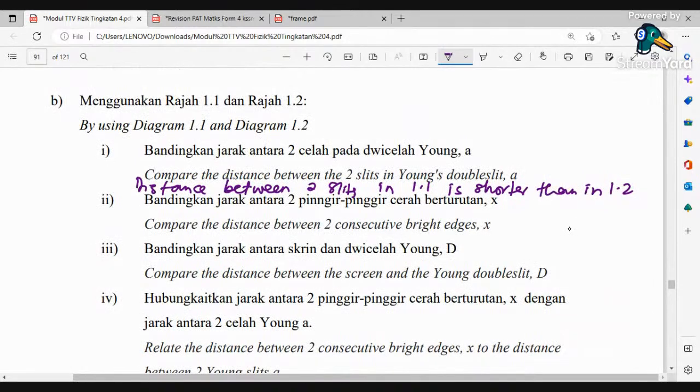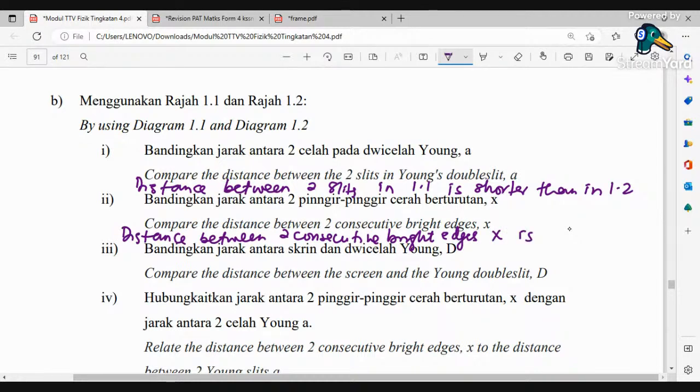Longer, shorter. Okay. Distance between bright edges x is longer than 1.2.